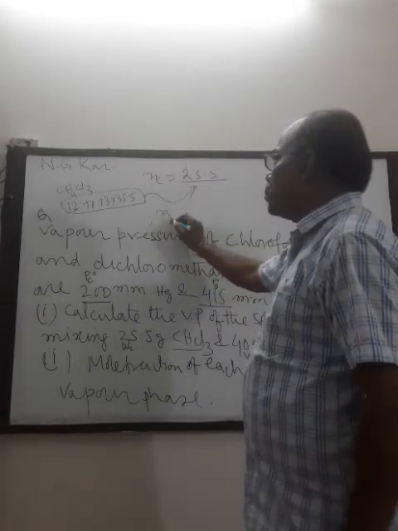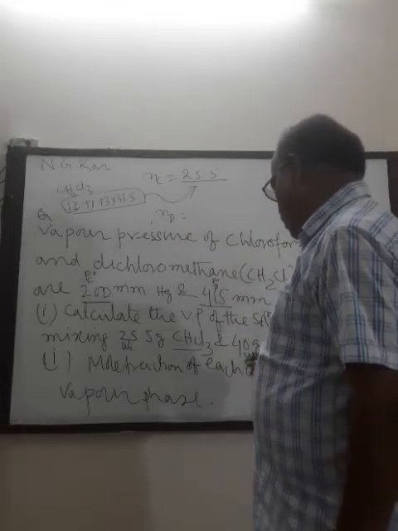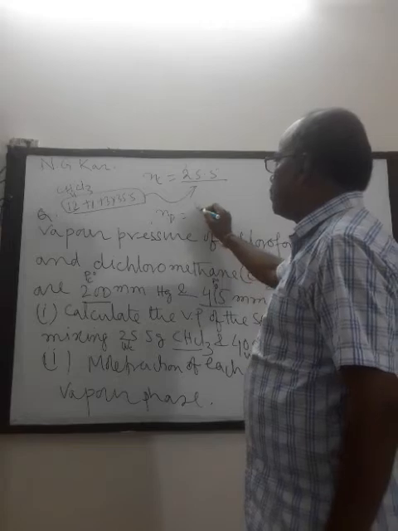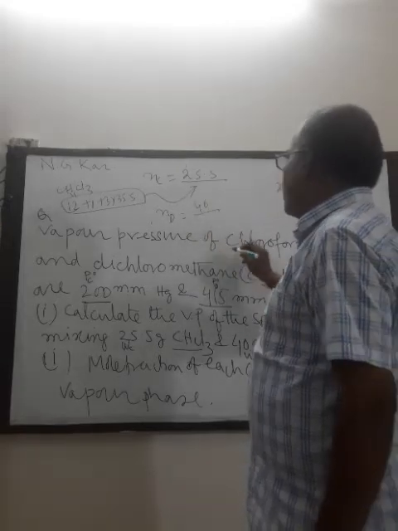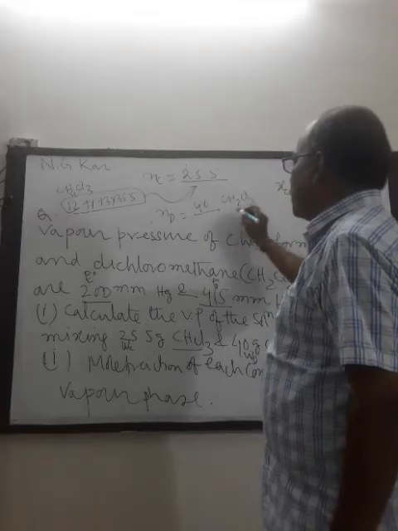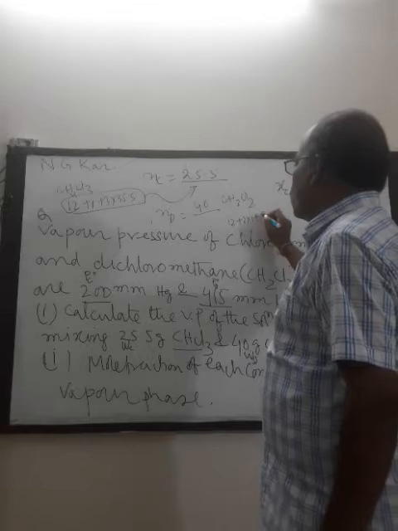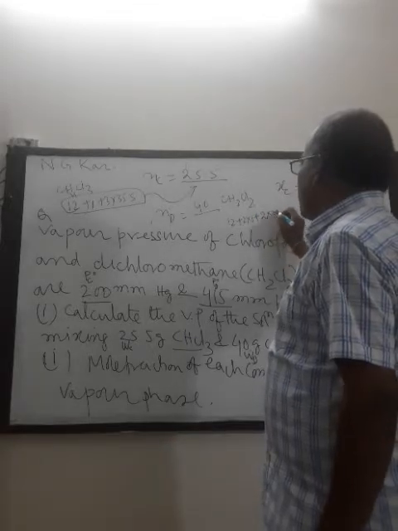Similarly, for the number of moles of dichloromethane, mass equals 40 gram divided by the molar mass of dichloromethane. What is the molar mass of dichloromethane? Carbon 12, 2 hydrogen, 2 into 1, 2 chlorine, 2 into 35.5.